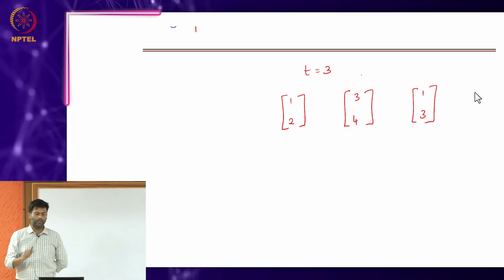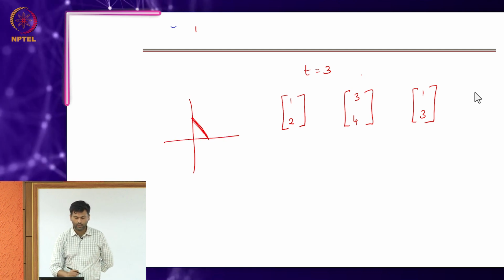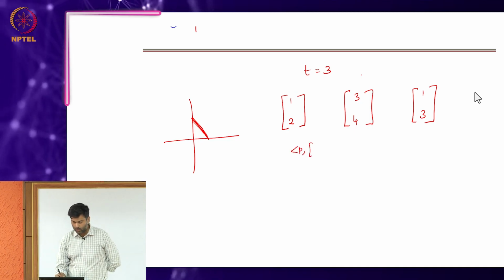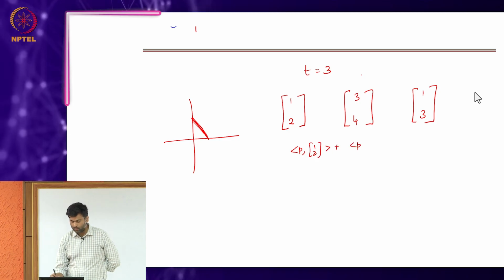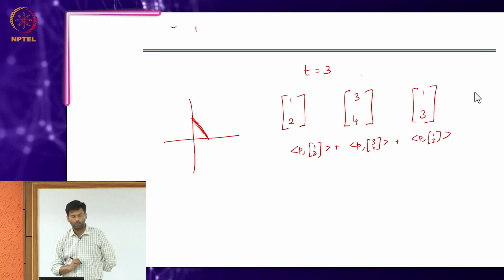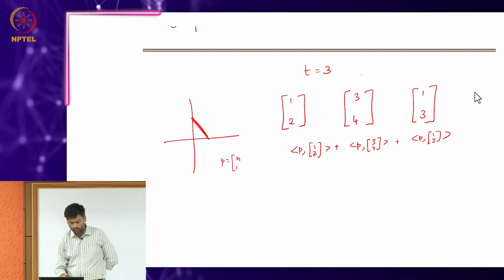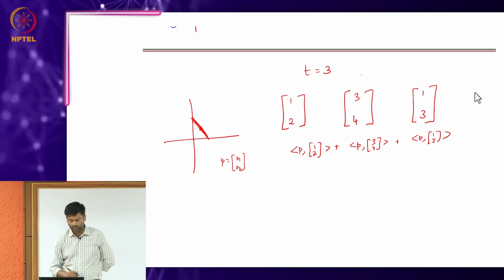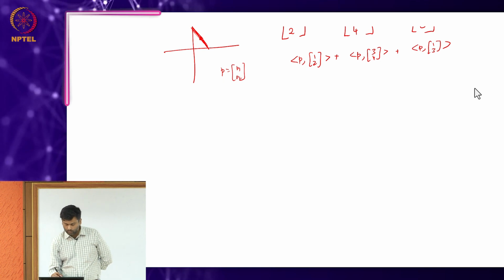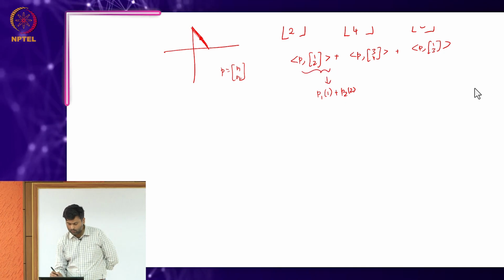Now, which is the point P, right. I want to choose P from this set of points. Where is the P such that the dot product of P with 1 2, plus P with 3 4, plus P with 1 3 is as small as possible? Well, I can write P itself as an arbitrary point P1 P2. Now, what I am asking for is P1 into 1 plus P2 into 2, that is this value.